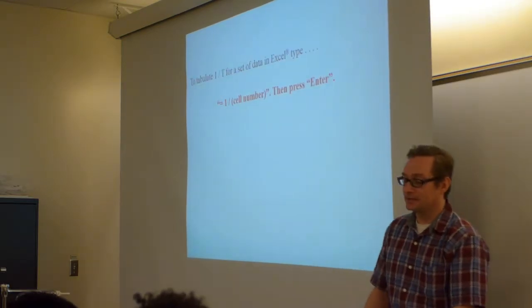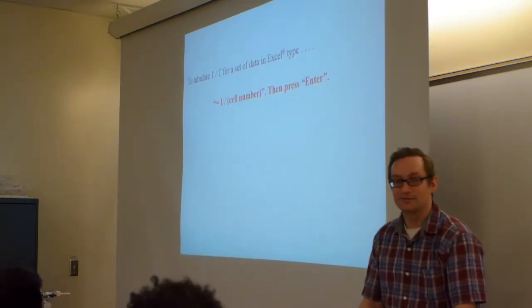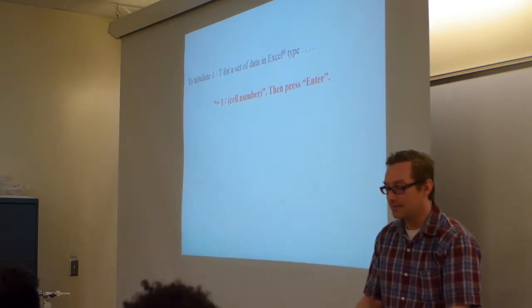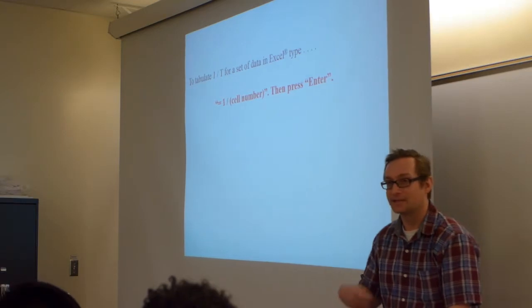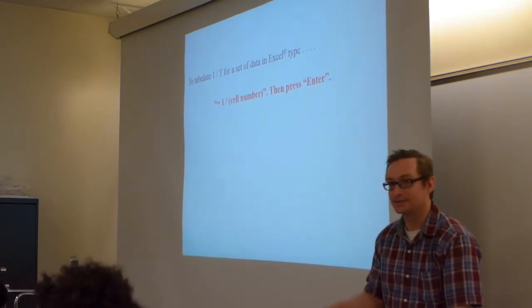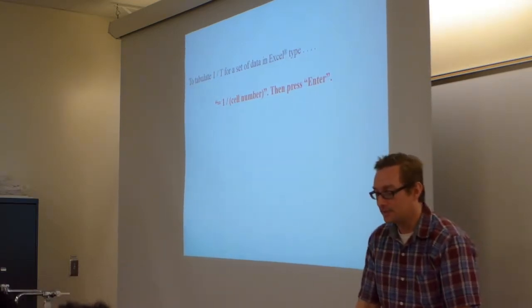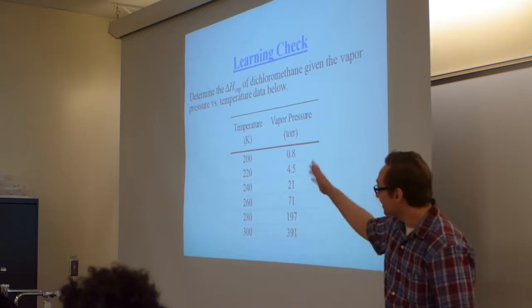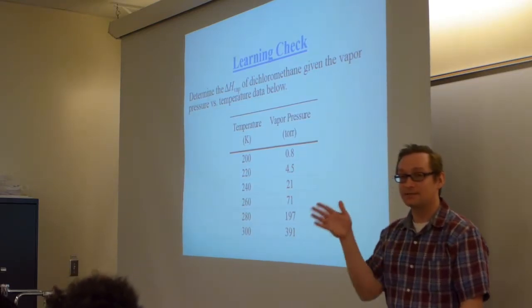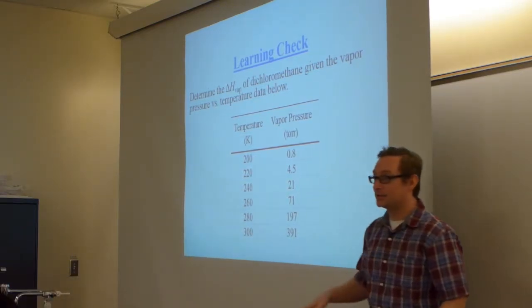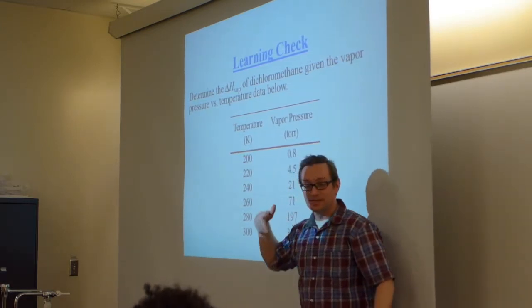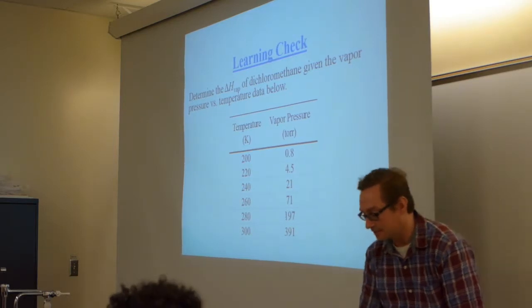You might have to do one or two of these in your homework, but this just explains how you would do it in Excel. So you would type in equals to tell the Excel software, okay, we're going to calculate something. You'd say 1 over the cell number and then press enter for the 1 over T. So you take the Kelvin data in the column next to it, and you say equals 1 over, then click on the cell, and that gives you 1 over the temperature.